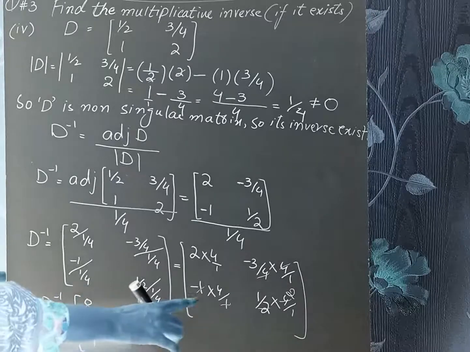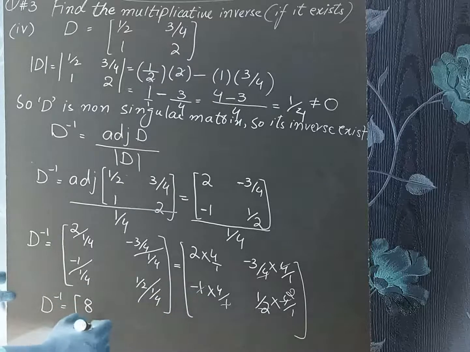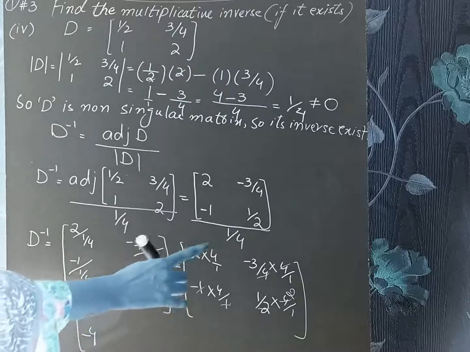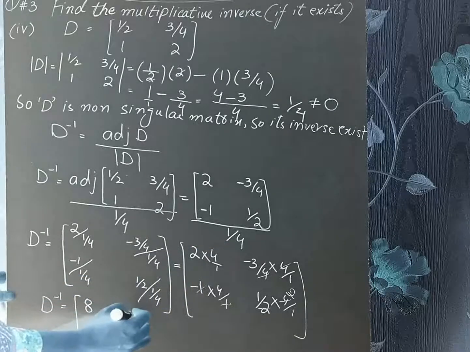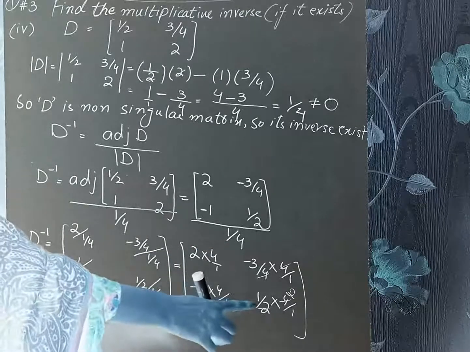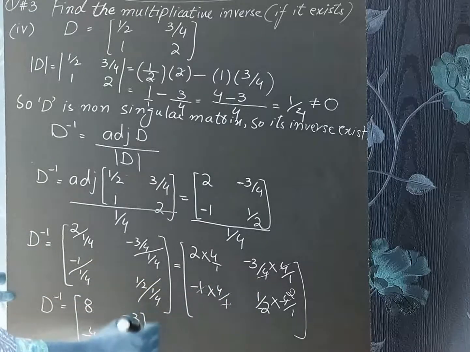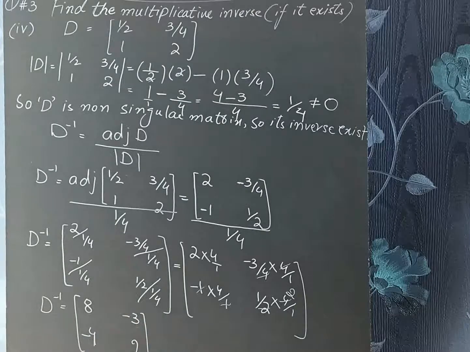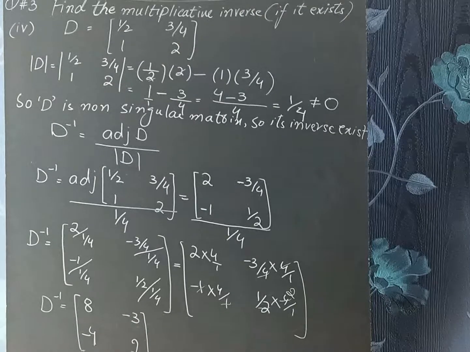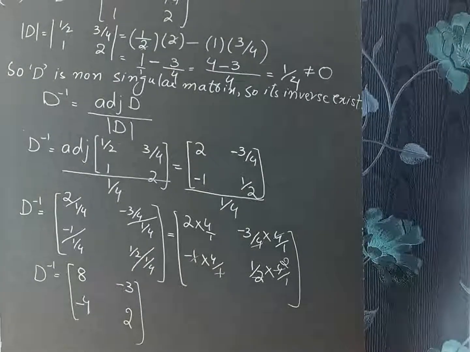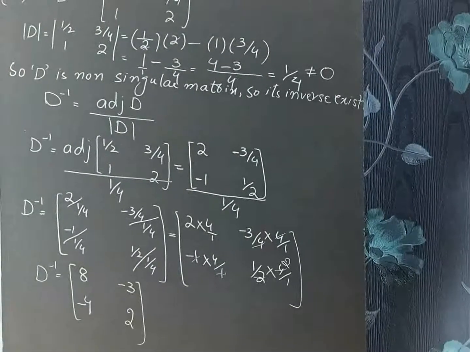Minus 1, 1 multiplied by 4 is 4, minus 3. And here 1 times 2 is 2. This is the multiplicative inverse of matrix D. So matrix D has the multiplicative inverse 8, minus 4, minus 3 and 2.